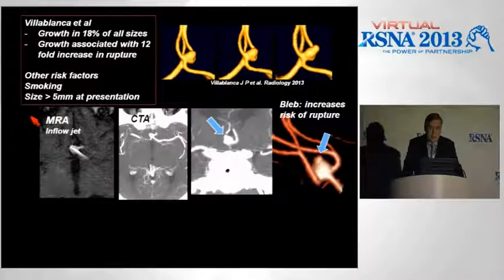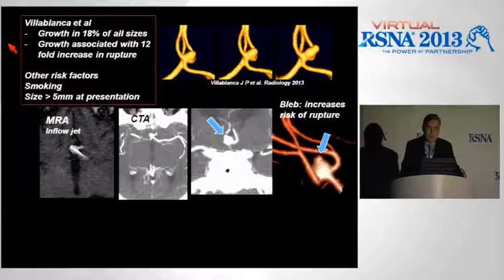You may have heard at this meeting that there are some new recommendations regarding the evaluation of patients with aneurysm. Villablanca from the University of California, Los Angeles, has studied about 300 patients over approximately 3 years. And what he found is that there was growth in about 18% of the aneurysms.